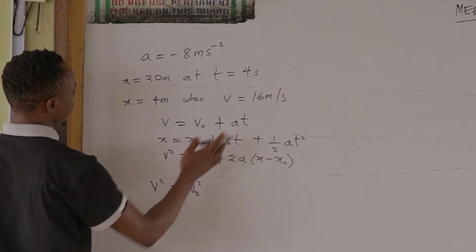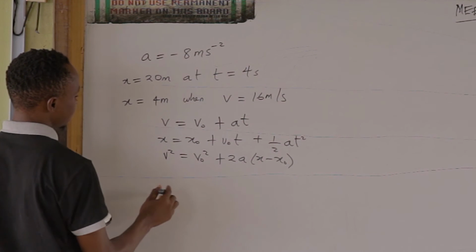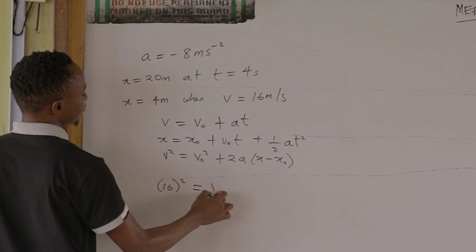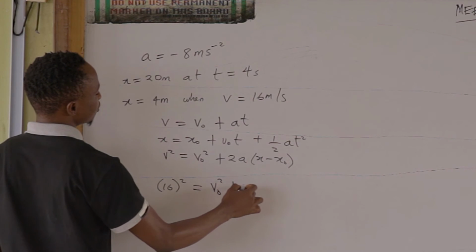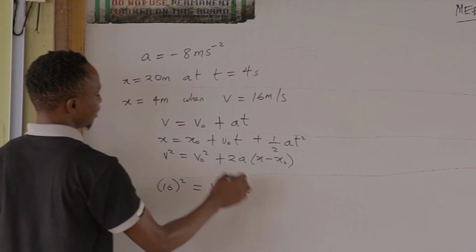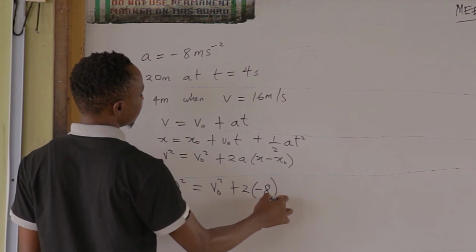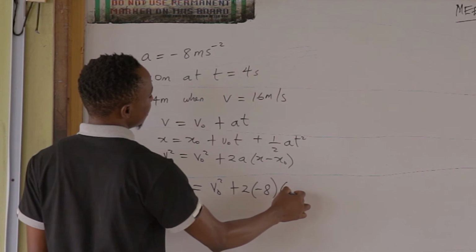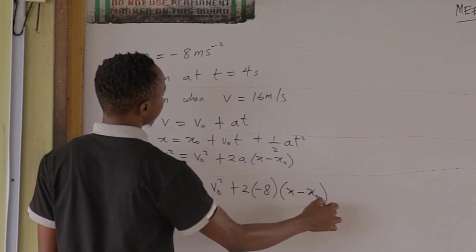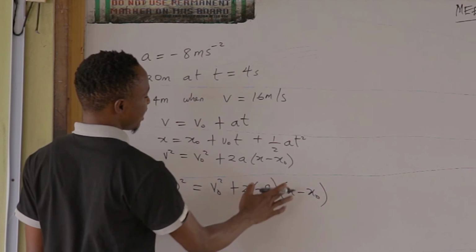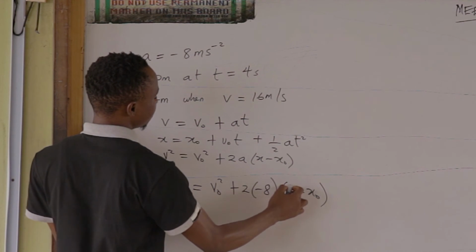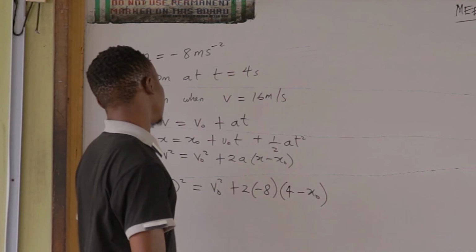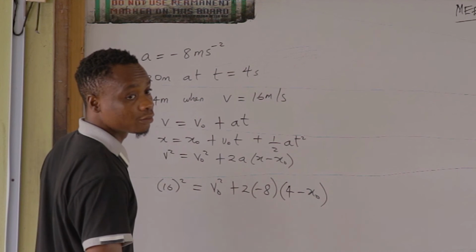V is 16 meters per second, so 16 squared is equal to V naught squared plus 2 into acceleration, and acceleration is minus 8. Is that clear? Our X is 4 meters. So I'm going to have V naught and also X. Again, what is it?